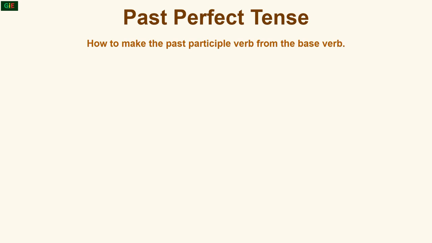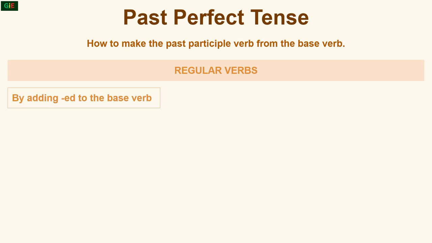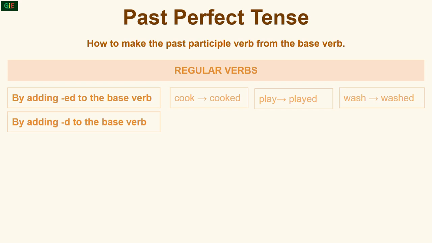How to make the past participle verb from the base verb? Regular verbs by adding ed to the base verb. Cook, cooked. Play, played. Wash, washed. By adding d to the base verb.